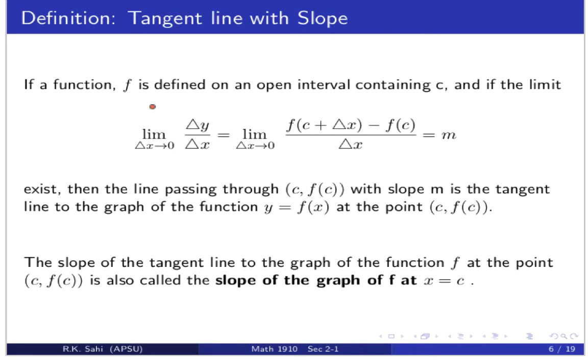We say if a function f is defined in an open interval containing c, and if this limit as delta x approaches 0 of delta y over delta x, where delta y is the change in y over the change in x, which is f of c plus delta x minus f of c over delta x, exists, and we call it m, then the line which passes through the point (c, f of c) with slope m is the tangent line to the graph of the function at the point (c, f of c).